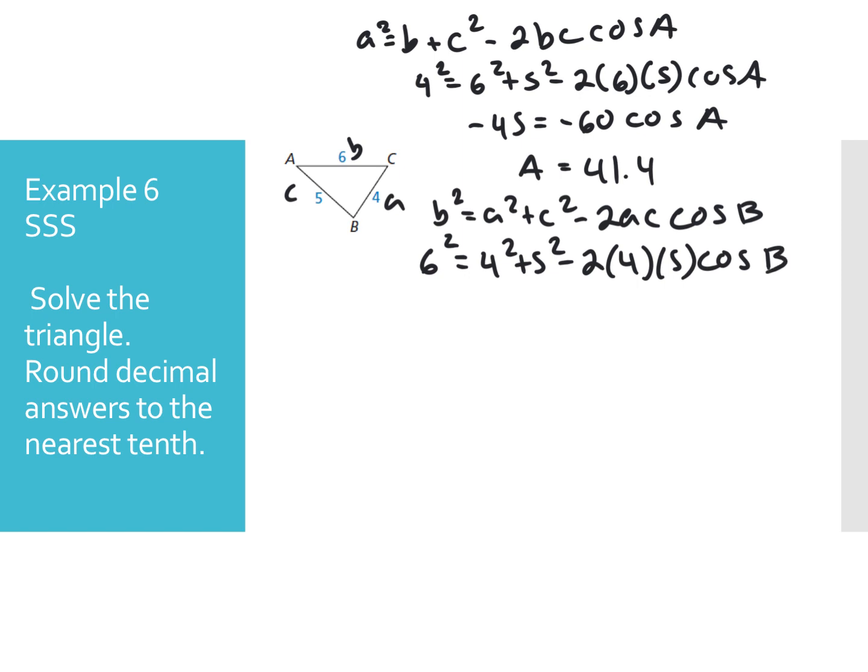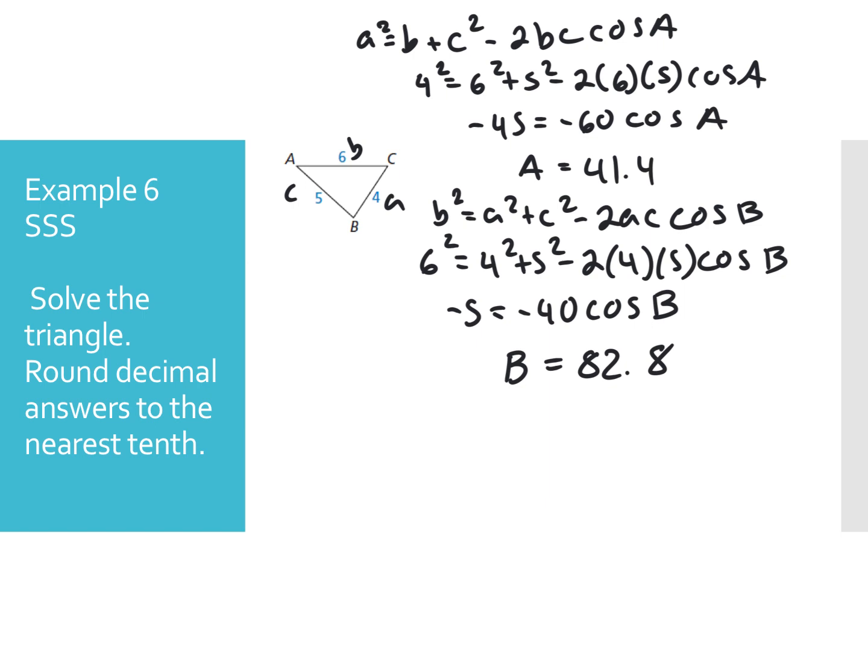So I'm going to plug that into the calculator. And I'm going to get negative 5 is equal to negative 40 cosine B. And when I plug that into my calculator, I get angle B to equal 82.8.